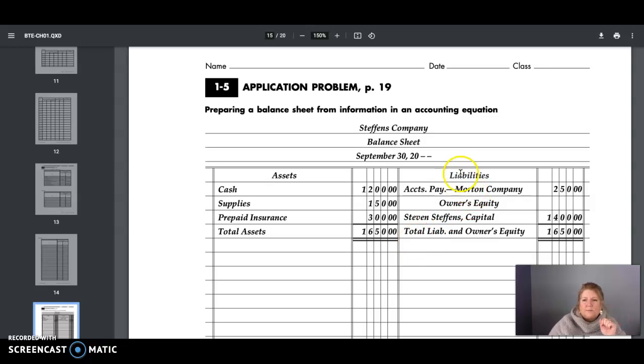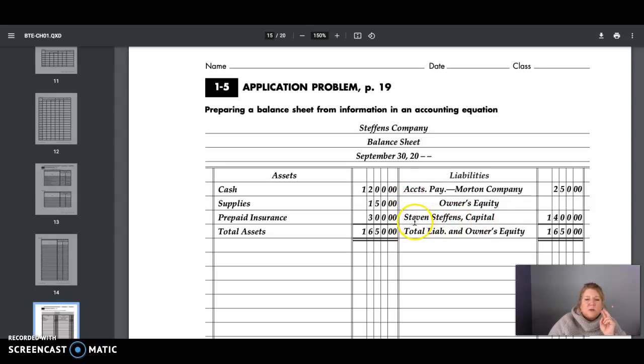That's the total. On the right side, you have liabilities. So you only have 1. You might have 2 accounts payable accounts on the test, but accounts payable is the only liability you've learned about. And those are vendors. Remember, those are people we purchased something from and we are going to pay later.